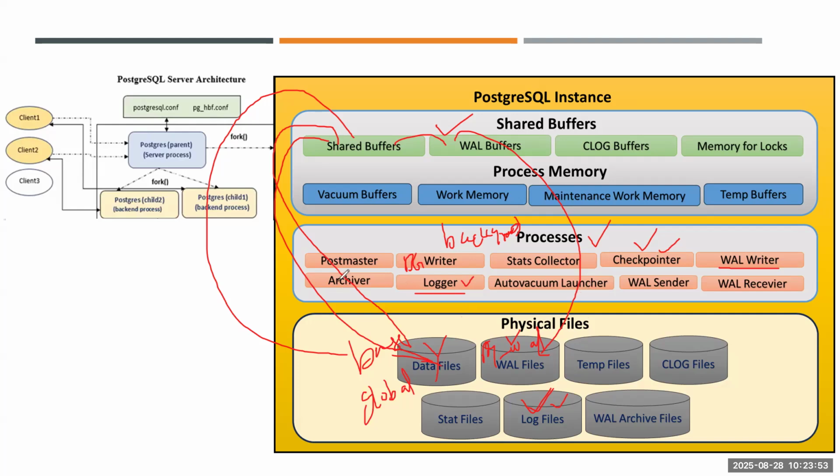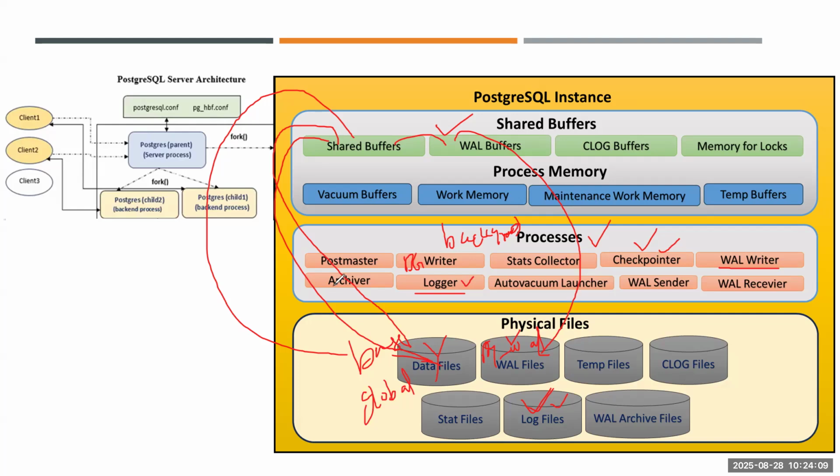Okay, sorry. So there is a separate thread called the WAL archiver thread, which is running in the background when you enable archive, especially when you are working with replication.